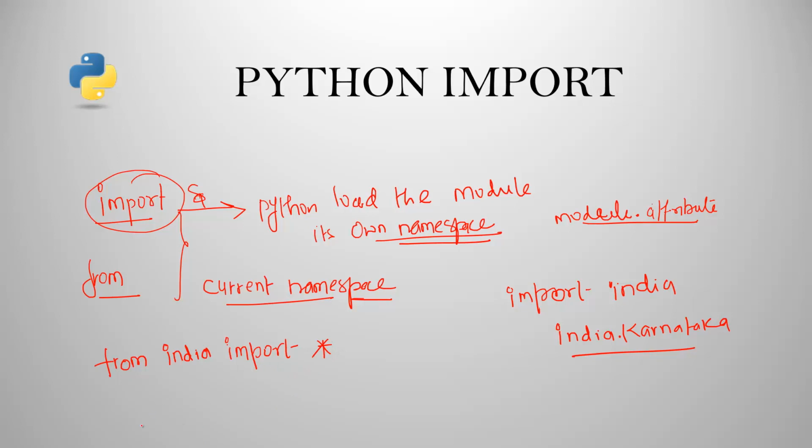So if you want to access any cities or states, we can directly say Karnataka and we can access any city from this.